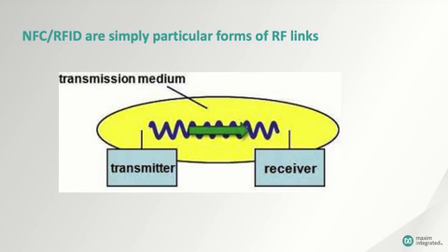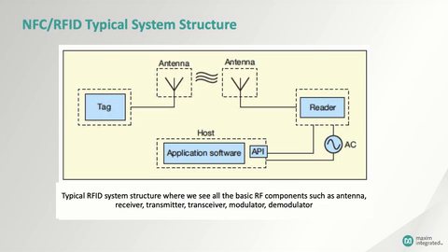But in the end, all of these technologies that use radio frequencies to carry information operate in the same fundamental way. A transmitter modulates information onto a carrier. A transmission medium propagates the modulated carrier to the receiver, and the receiver demodulates the received carrier to recover the information.